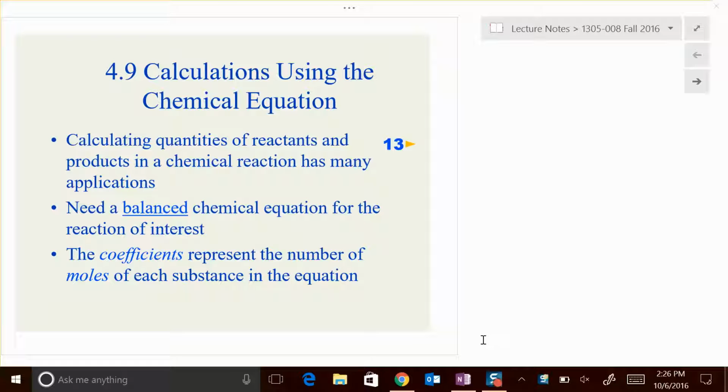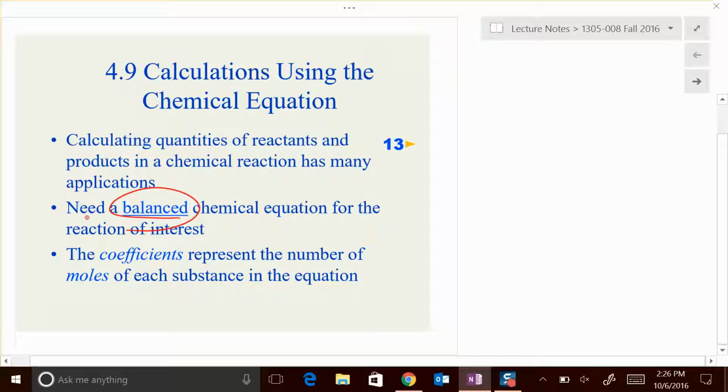It's because we want to be able to calculate quantities of products or reactants needed to carry out a chemical reaction. So if I'm going to set up a chemical reaction, I need to know how much of everything I need, and I want to be able to predict how much I'm going to make. Okay? So that's what this balancing does for us. It allows us to do that. So we need a balanced chemical equation to be able to do this.